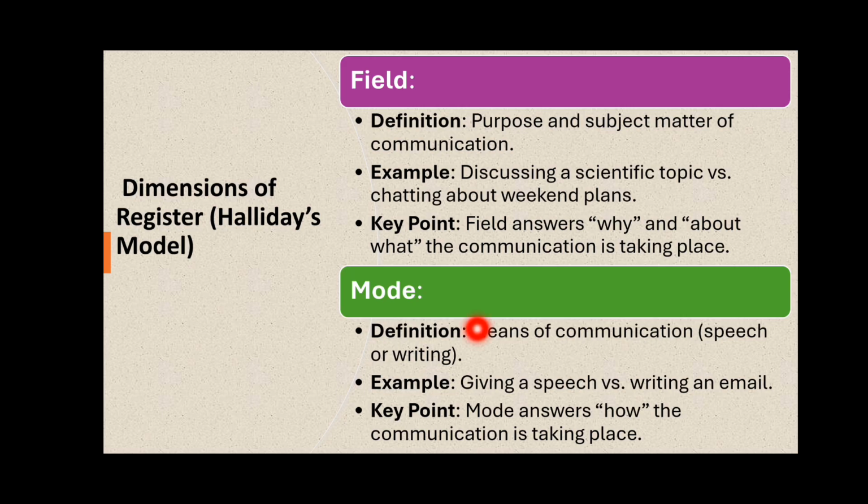Now the third one is called mode. That is the medium of your communication, whether you're writing something or speaking something, or conveying your message through written mode or oral mode. So means of communication: speech or writing, giving a speech or writing an email. Key point: mode answers how the communication is taking place.